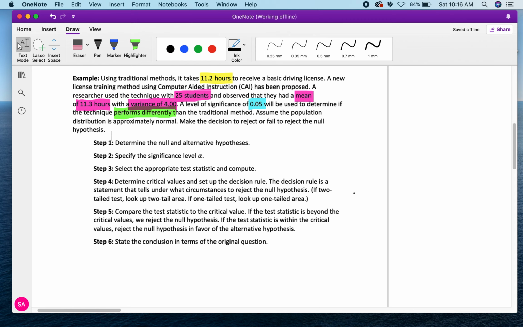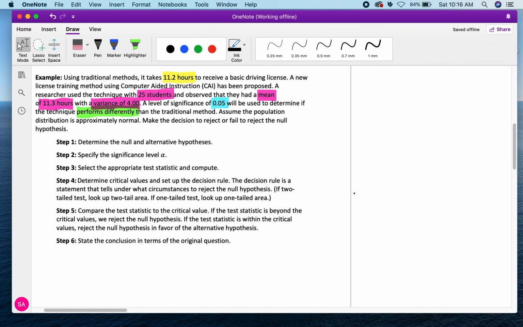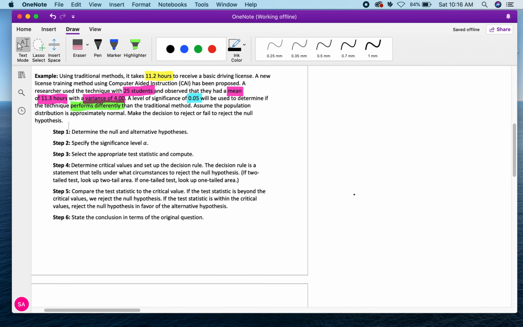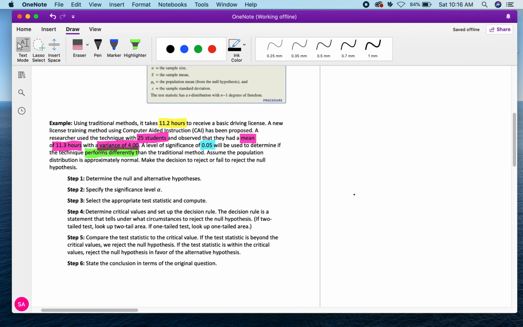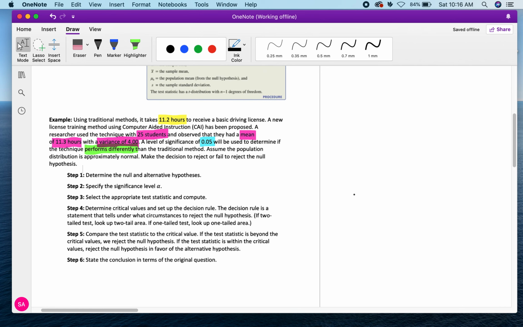Okay, so once again, let me zoom out just a little bit actually. We're going to use the same steps, same order of steps to do this hypothesis test. All that changes is the test statistic. We're going to be using the t-test statistic because, once again, look at this sample size, 25 students.